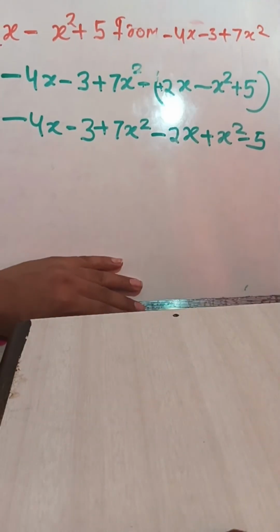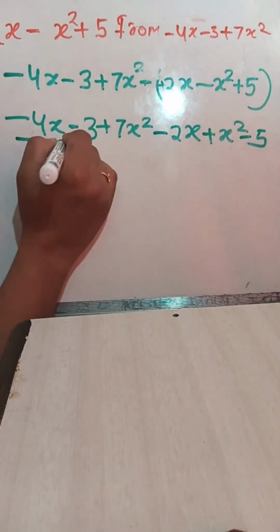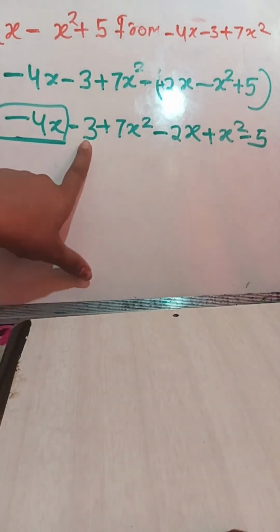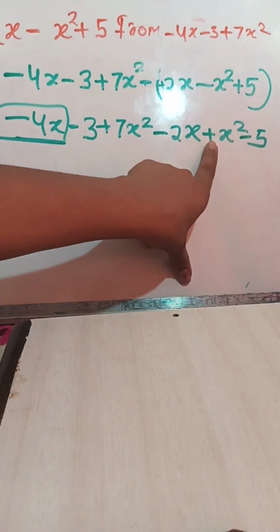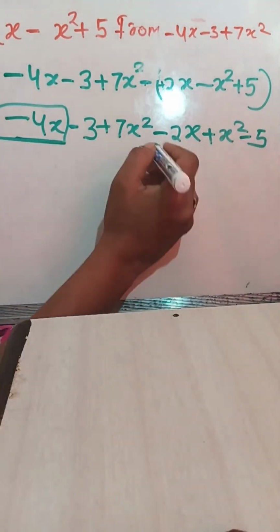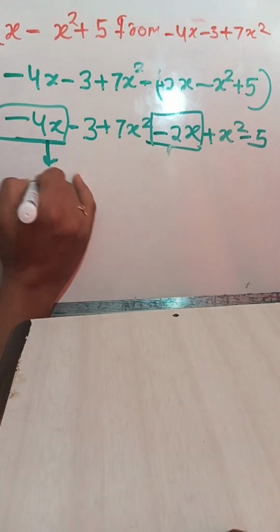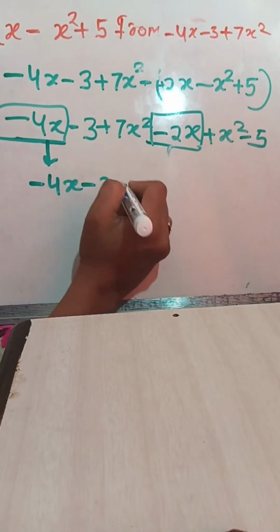Now next, we write like terms together. Which like terms do we have? First we have minus 4x. Find any term which has x. Minus 3, 7x square, no. Minus 2x, yes. Plus x square, no. Minus 4x and minus 2x are like terms. So we write them together: minus 4x, then minus 2x.